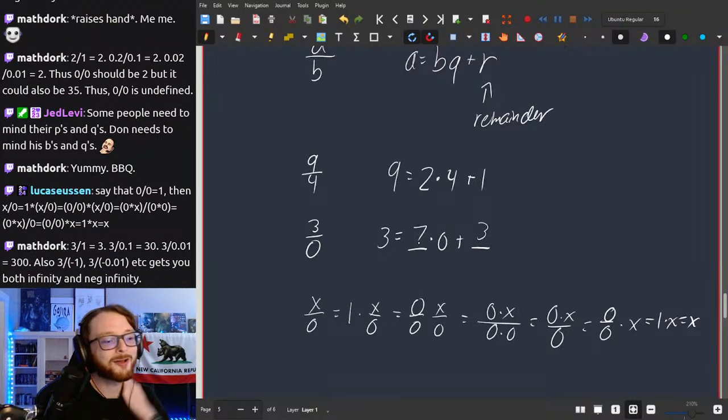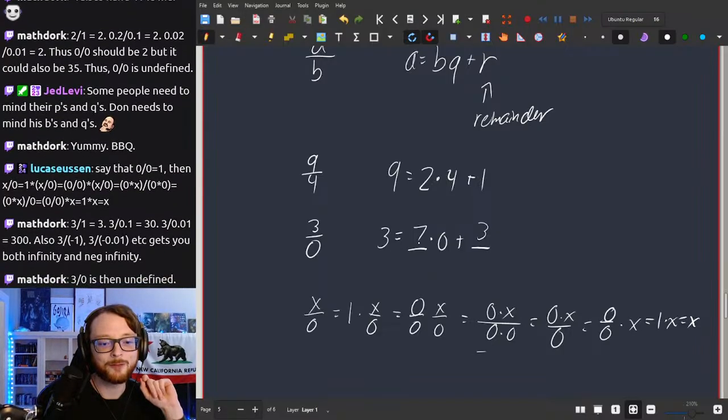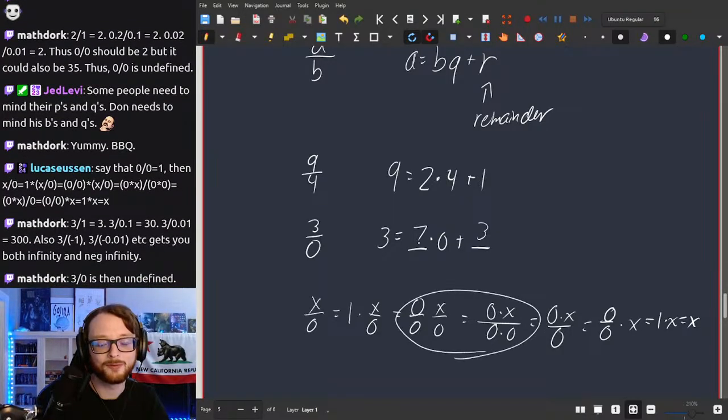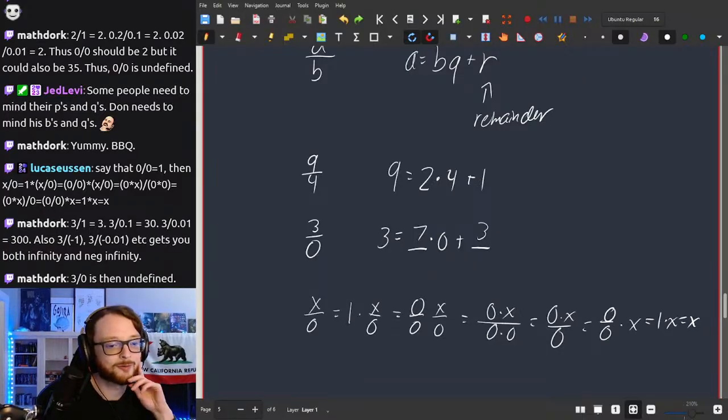I like that all this is coming back around to you abusing notation in situations it wasn't meant for. And you're using properties, like the property from this step to this step. It's not like you need to justify this separately, because we haven't defined division by 0. This is just a notation.